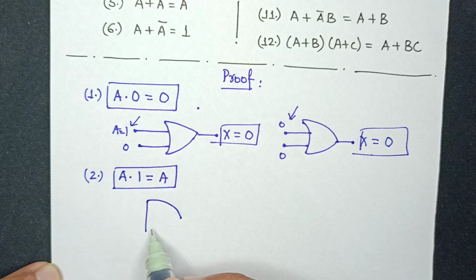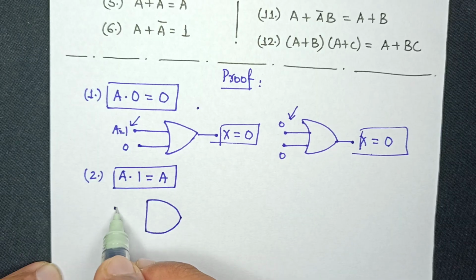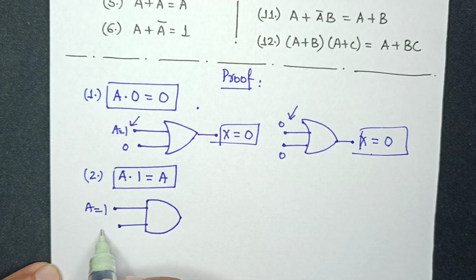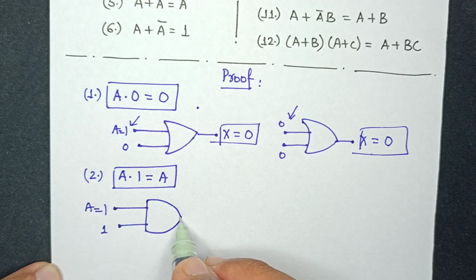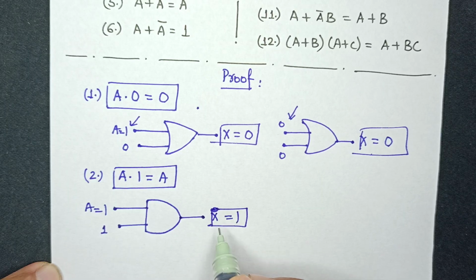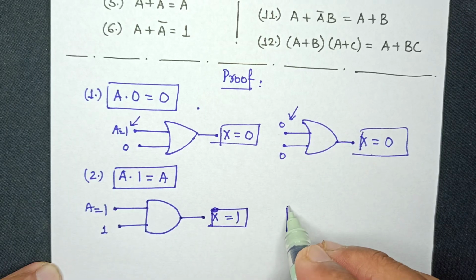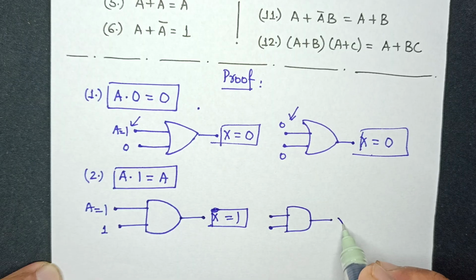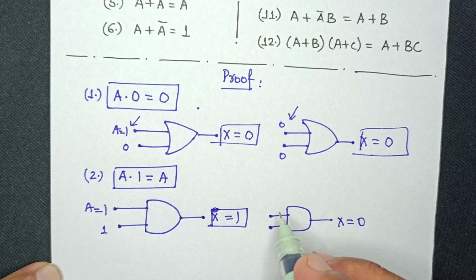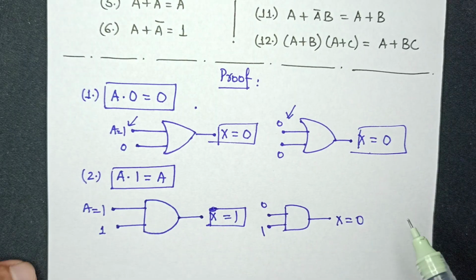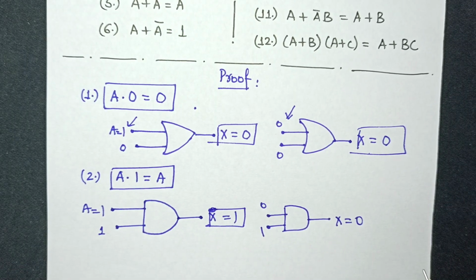So let us say I draw a gate, and in this case if I take value of a as 1 and this as 1 as well, then the output x would be equal to 1. Similarly, if you take this AND gate and take the first input as 0 and second as 1, even in this case the output would be 0. So this is the second rule.